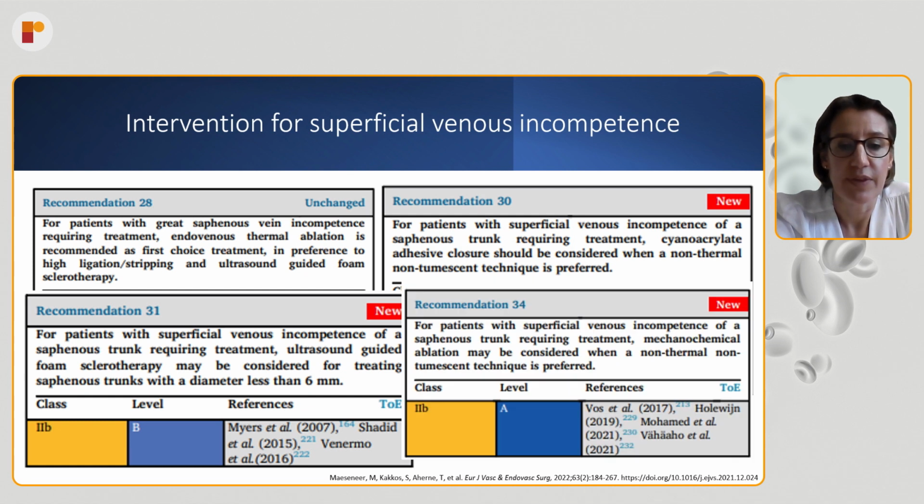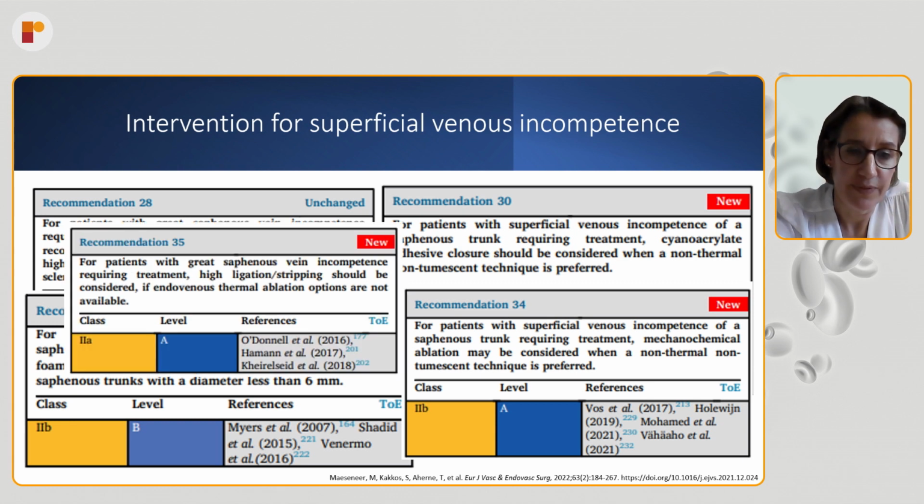Mechanico-chemical ablation may be considered when a non-thermal, non-tumescent technique is preferred. And again, we mustn't forget that surgery with high ligation or stripping can be considered if an endovenous thermal ablation option is not available.